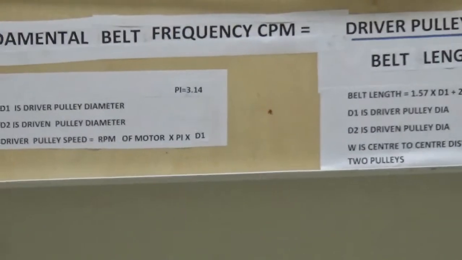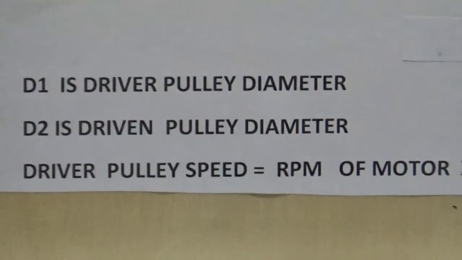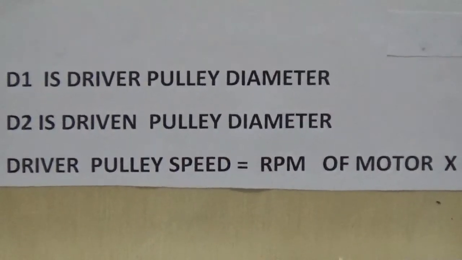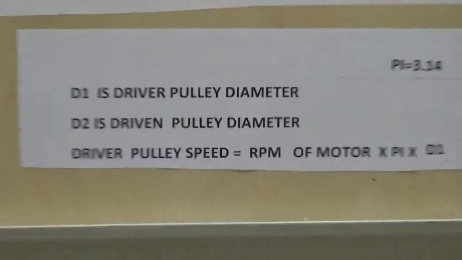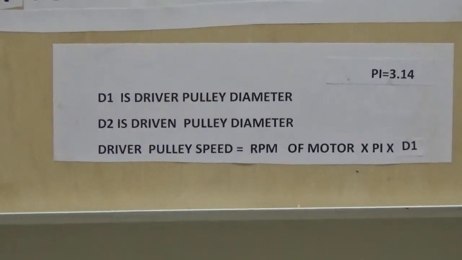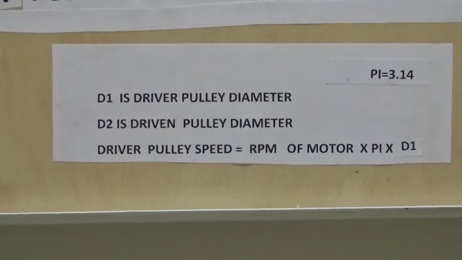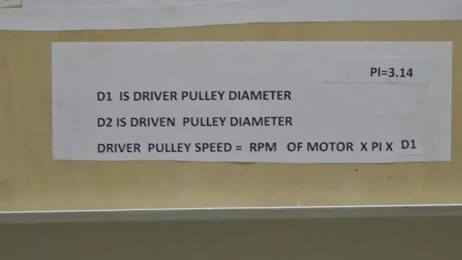Again this is the same thing. D1 is driver pulley diameter, D2 is driven pulley diameter, and driver pulley speed is equal to RPM of motor into pi, where pi is 3.14, multiplied by D1.